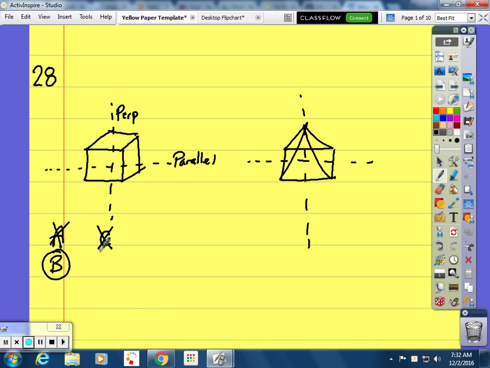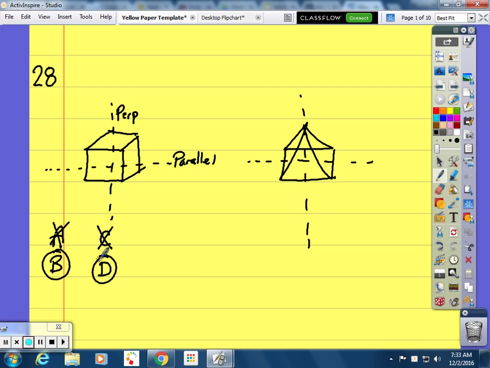A plane section that is triangular could result from one of these slices through the pyramid. Well, if I cut this pyramid down this way, I'm going to see a triangle. So it is D. The pyramid is in a triangular shape. And E, a plane section that is square could result from one of these slices through the pyramid.